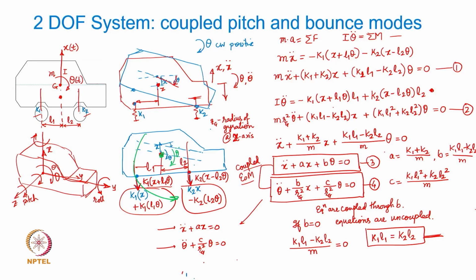That means when the car body moves down, it does not just move down, but it simultaneously pitches. So pitching and bouncing will happen simultaneously, and that is how the general motion is going to be a coupled pitching and bouncing motion. Is that clear?